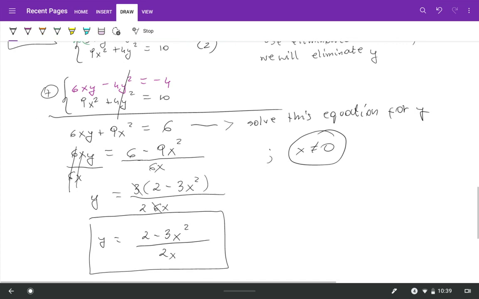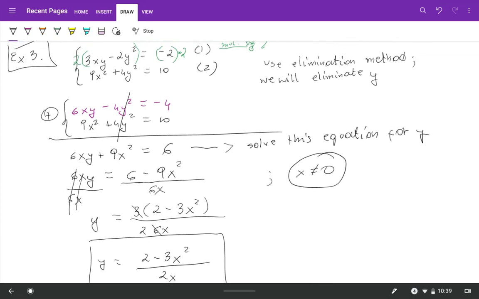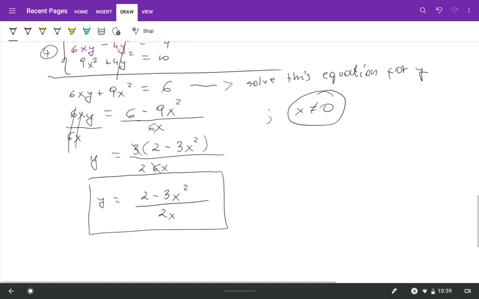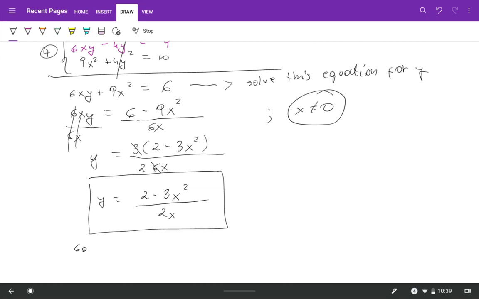I'm just checking which one will be better. I think I will use equation 1. So now go back to original equation 1. So like you guys see, I start with elimination and I continue with substitution.